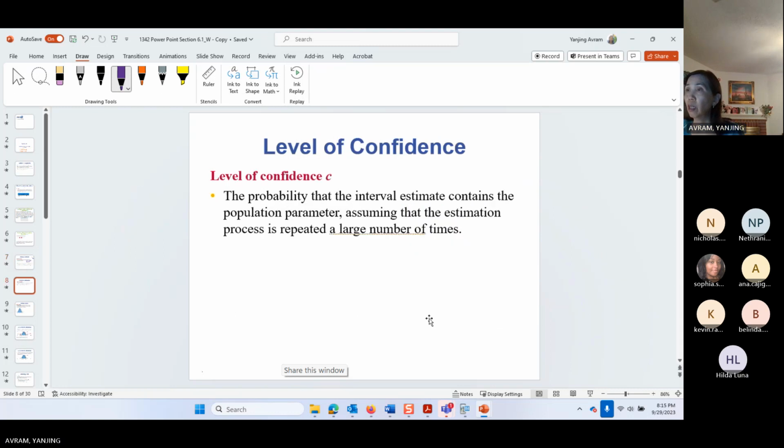Of course, if instead of choosing 100 I choose 500 households, my confidence actually will go up. So the larger the sample size, the better.